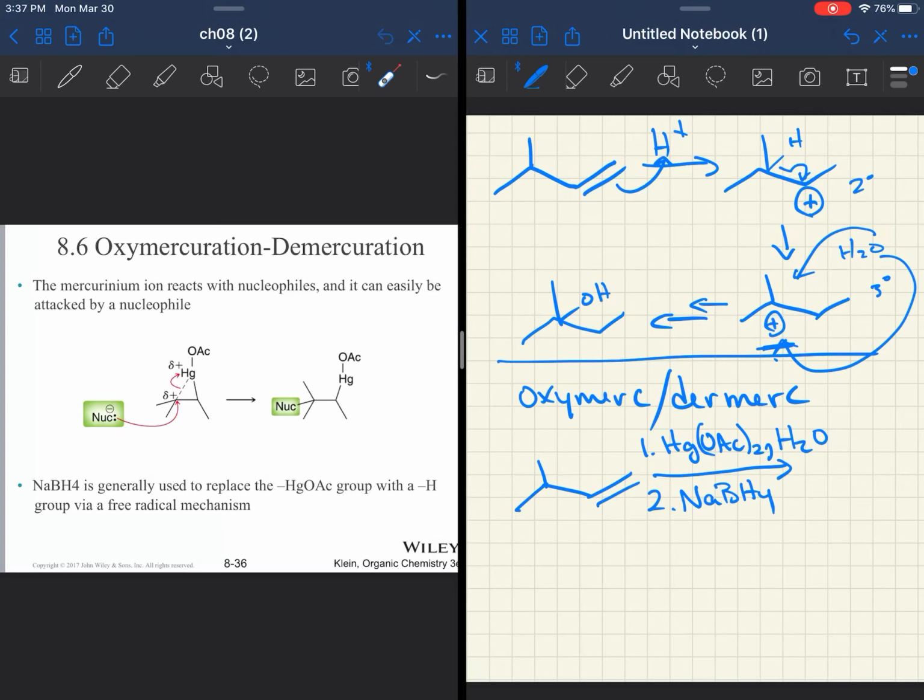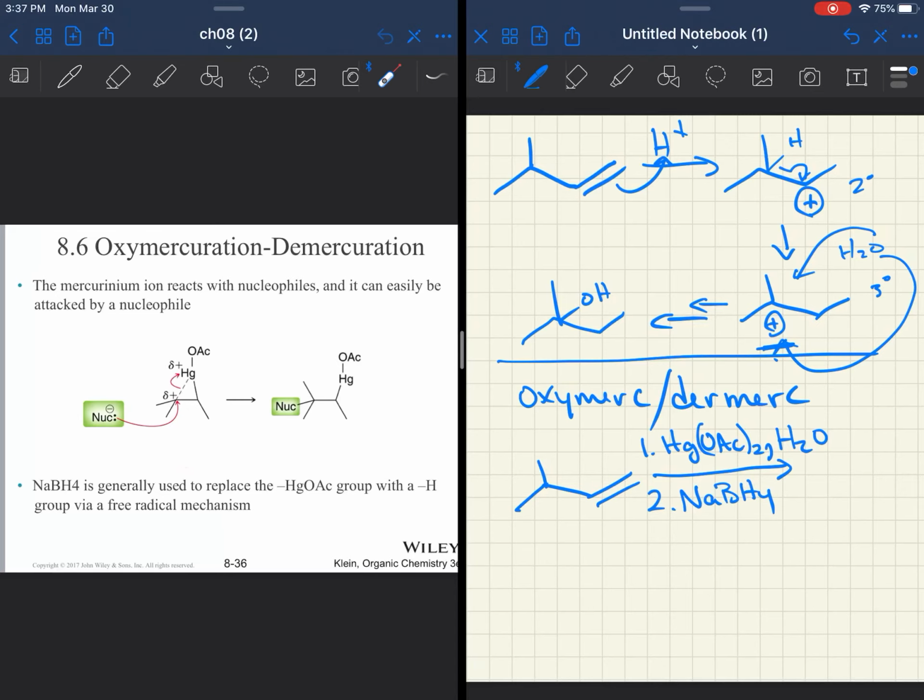In step 2, we'll come back to that. When you have that mercurinium ion, your nucleophile, in this case we're using water, is going to attack. Now it's going to attack the more substituted side because as this bond forms and this bond breaks, you notice you have a partial positive. Well, where is that positive going to be the most stable?